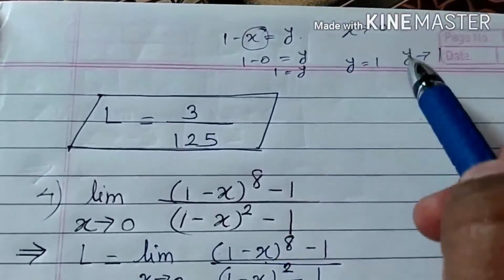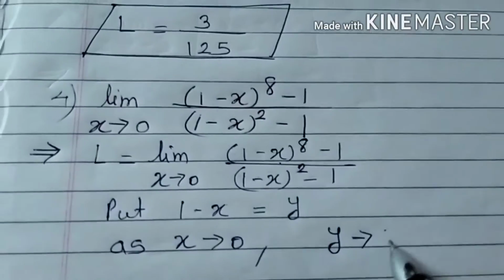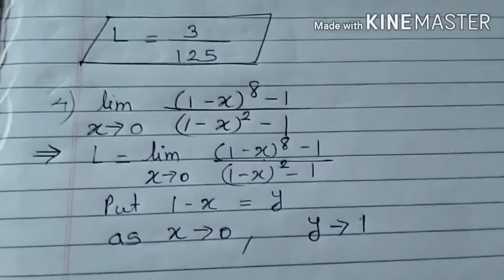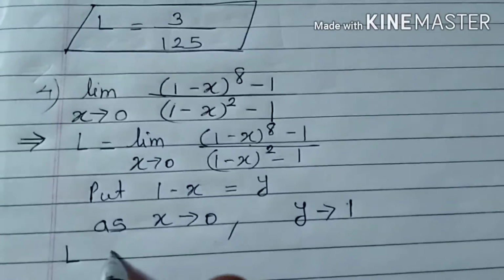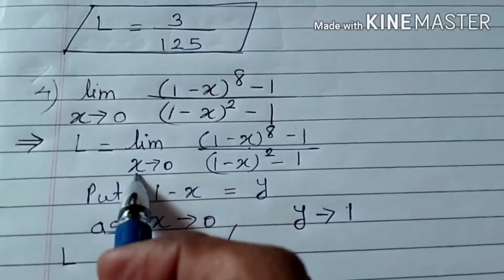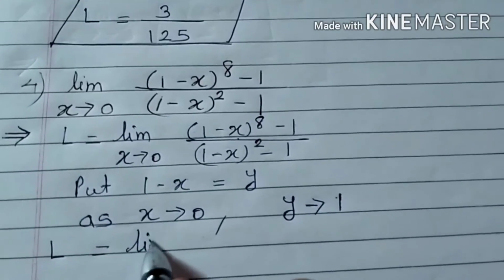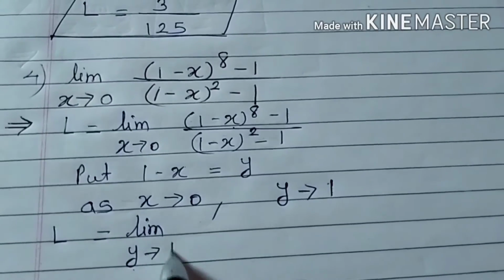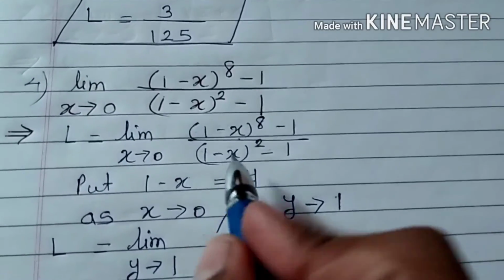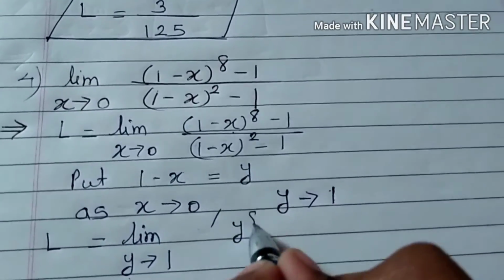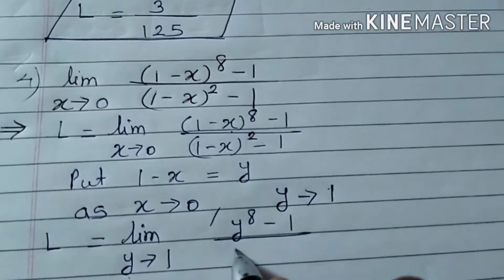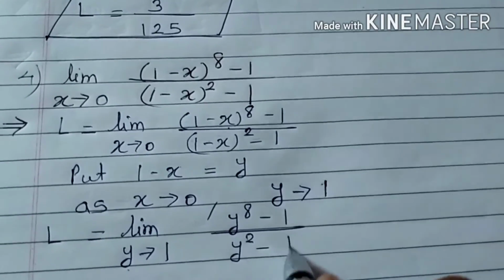Means if x tends to 0, then y tends to 1. So write here y tends to 1. Now the limit changes: limit x tends to 0 becomes limit y tends to 1, and the value of 1 minus x is y, raised to 8 minus 1, and it is y square minus 1.